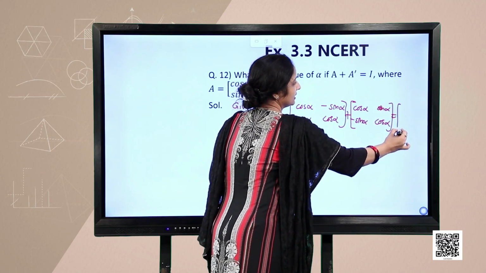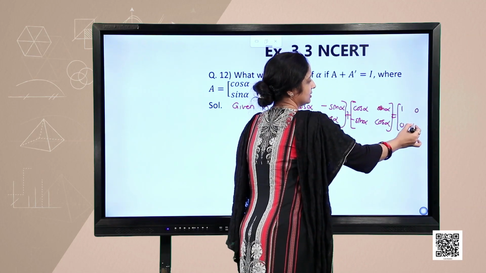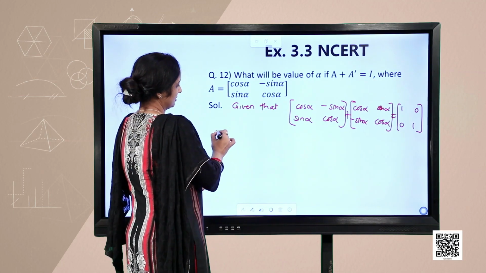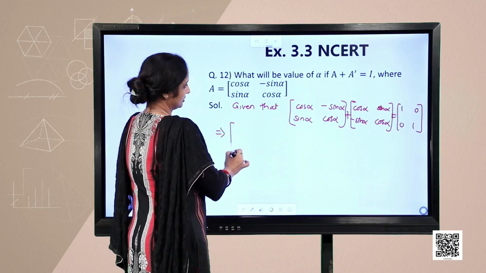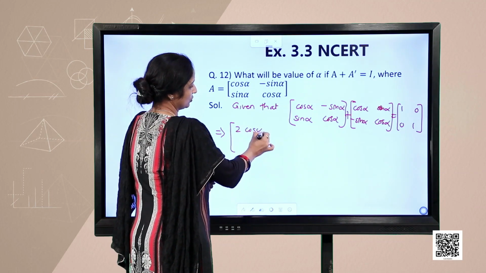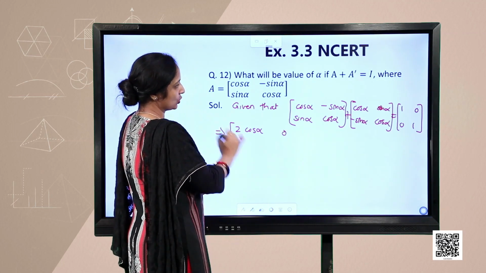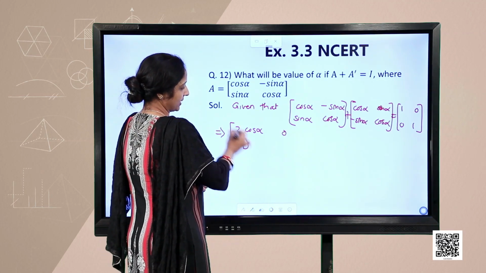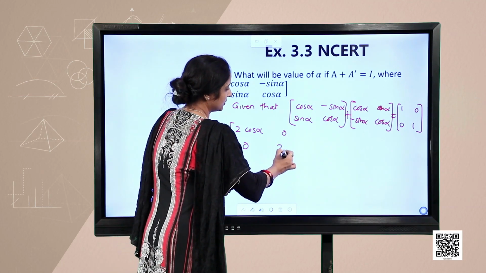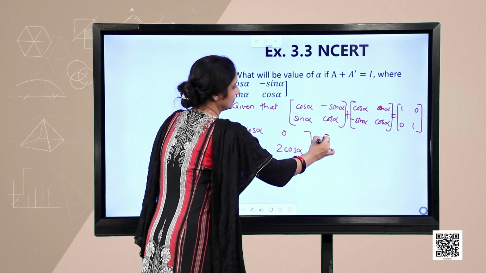Equate it with identity matrix, which is 1, 0, 0, 1. After that, simplify this further. So, cos alpha plus cos alpha, 2 cos alpha, minus sin alpha plus sin alpha is 0, sin alpha minus sin alpha is 0 again, and cos alpha plus cos alpha is giving you twice cos alpha.